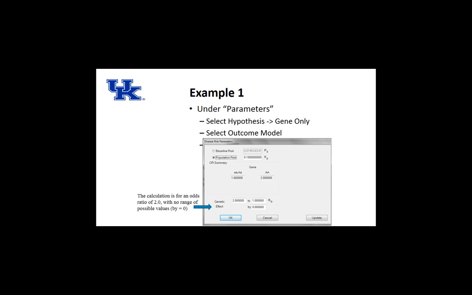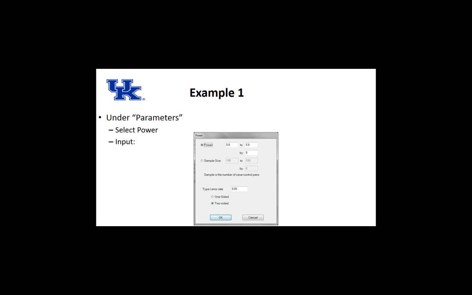Here we're parameterizing that in terms of an odds ratio of 2. So we think that the odds of disease for homozygote majors is 2-fold greater than the odds in the heterozygotes and the homozygote minors. Homozygote majors, sorry.